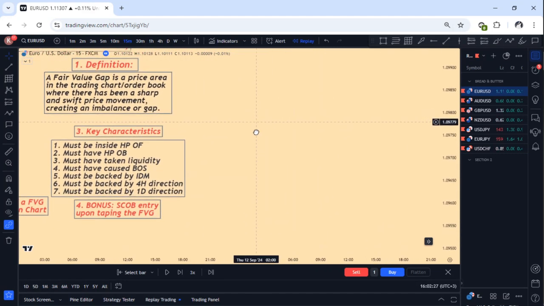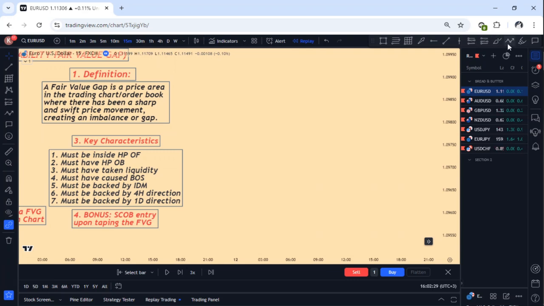Now let's draw them together. Let's say 15 minutes was selling, so 15 minutes sold here, and then something like this happened. So we get the first break of structure, and even if it is weak, it's considered a break of structure.